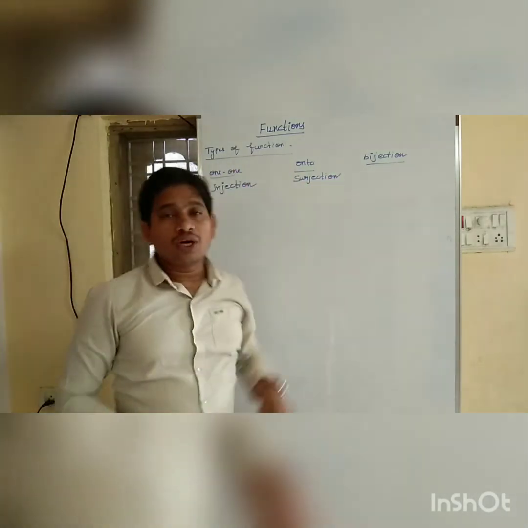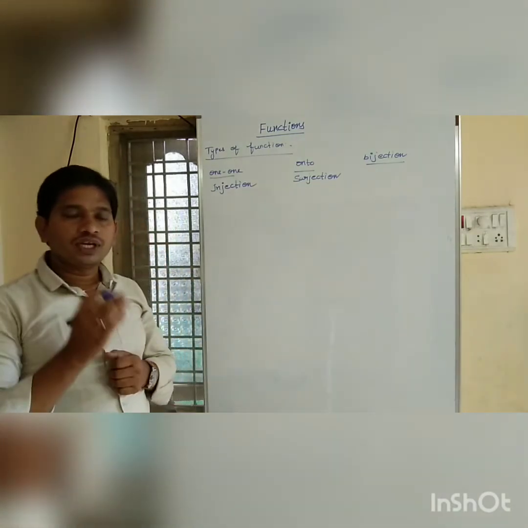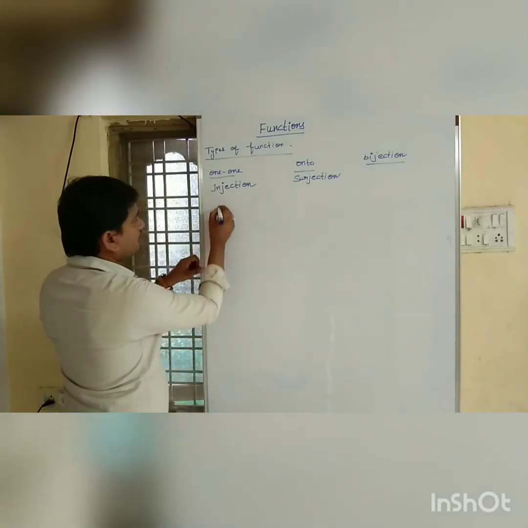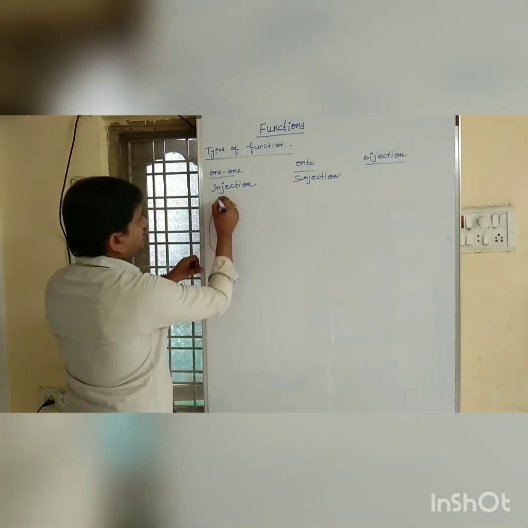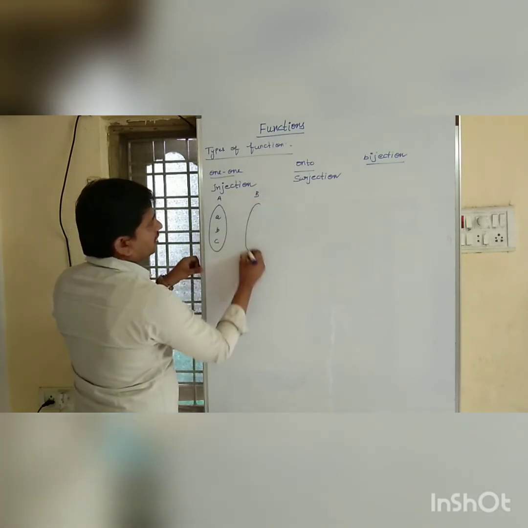Okay, now what do you mean by a one-one function? If f maps A to B is a function, for example, set A is equal to {a, b, c} and set B is equal to {1, 2, 3}.